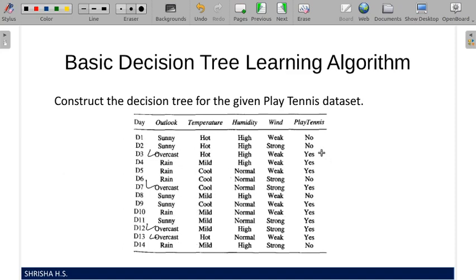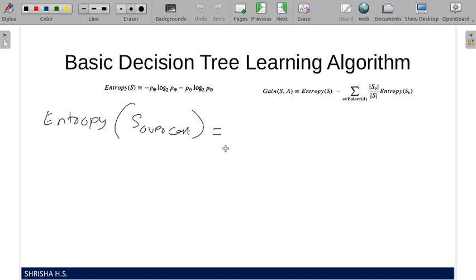Out of that, there are 4 positive instances and 0 negative instances. Earlier we talked about this: for any set of instances, if all the classifications are the same, here all are yes, the entropy is directly 0. So this is the entropy of overcast.